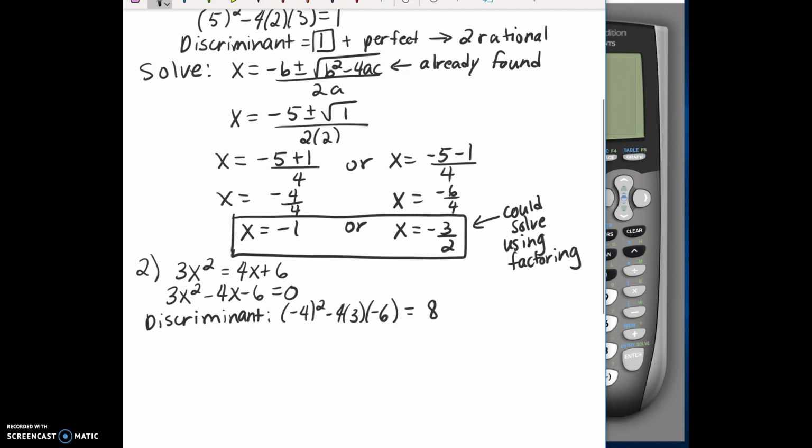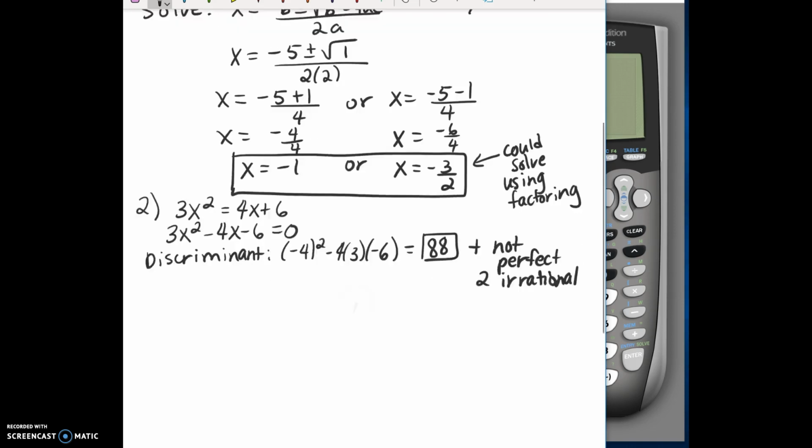This comes out to 88. Positive, but not perfect. So we get 2 irrational solutions, which means we are going to keep our answer in radical form when we get into the formula.